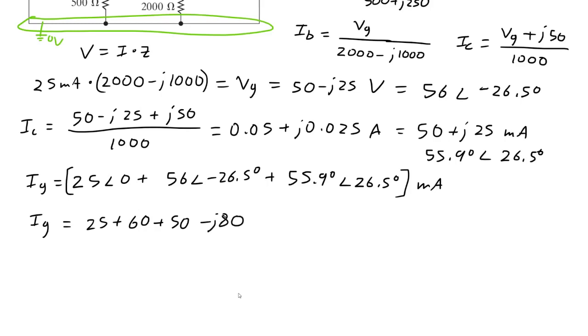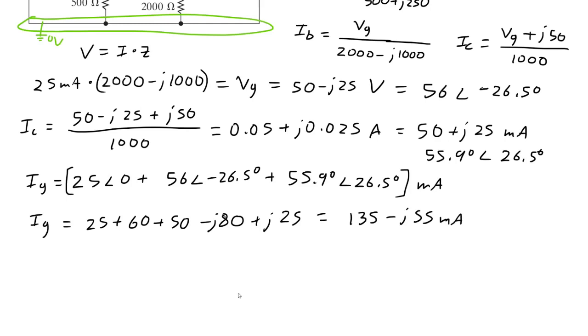We're only going to have two imaginary components because we have a 0-degree phase angle on one of these. This ends up being 135 minus j55 milliamps.